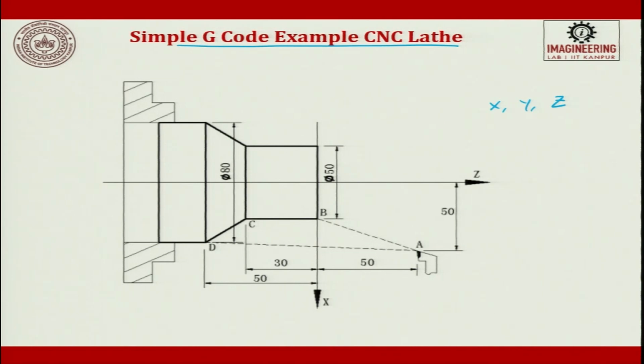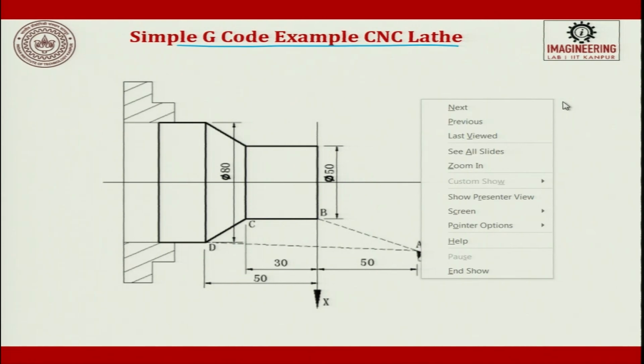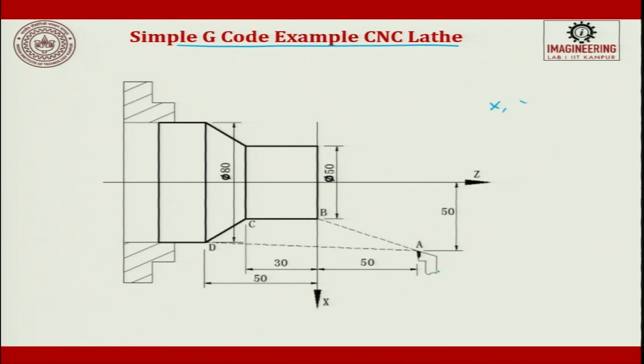So, it is a constant z. That is why we did not define the z value at all, but now here we can see how we use the codes. In turning we will have only two axes. This axis is called the z axis and this axis is called the x axis.